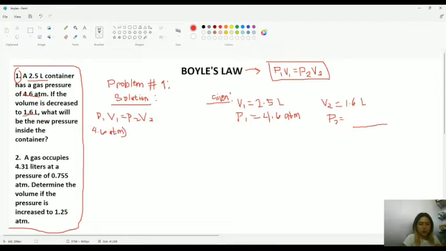Close and open parenthesis. Then the initial volume is 2.5 liter. Sa final pressure, wala. So, lalagay lang natin na P2. Then sa final volume, that is 1.6 liters.